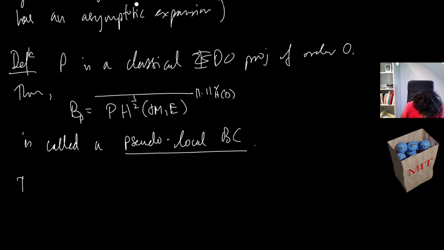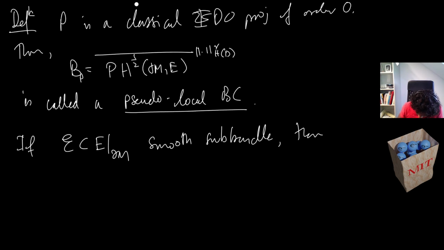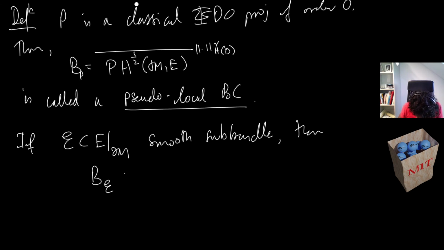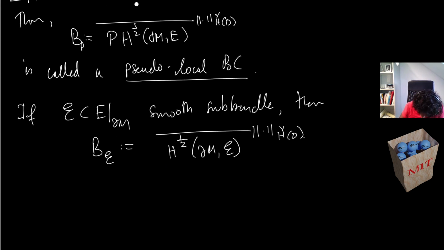And if now we have E prime in E restricted to the boundary, a smooth subbundle, then B_E, defined as P acting on H^{1/2} acting on M, landing us in E, taking the closure in the check space, is a local boundary condition.